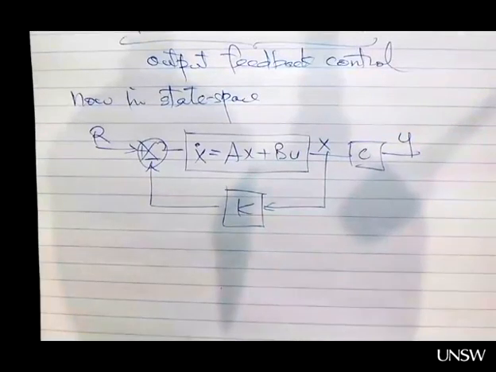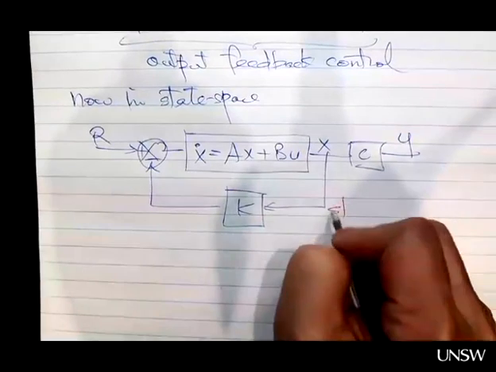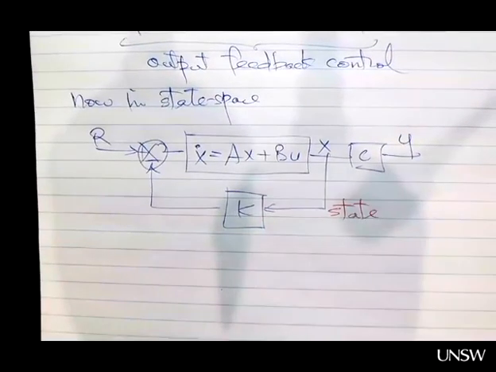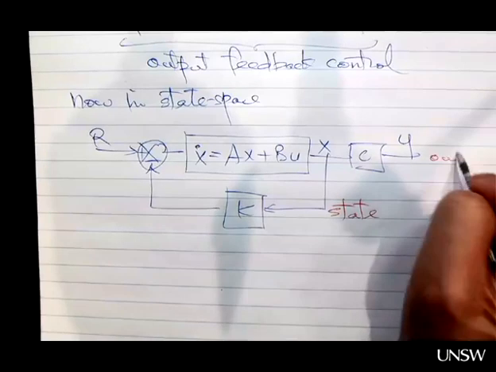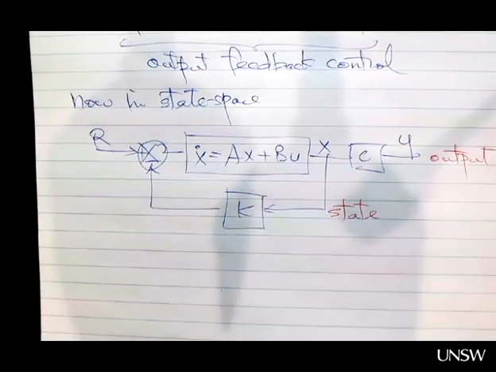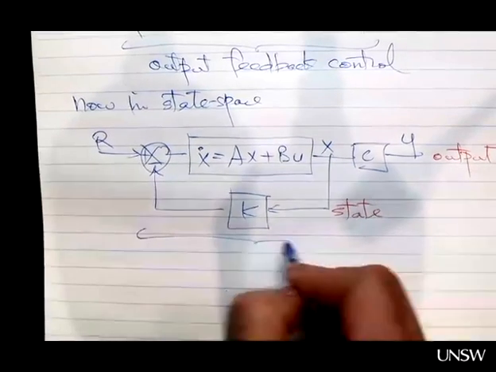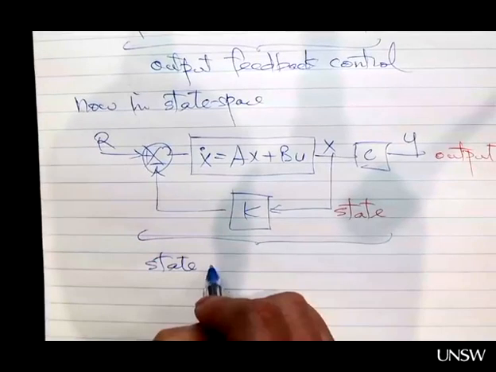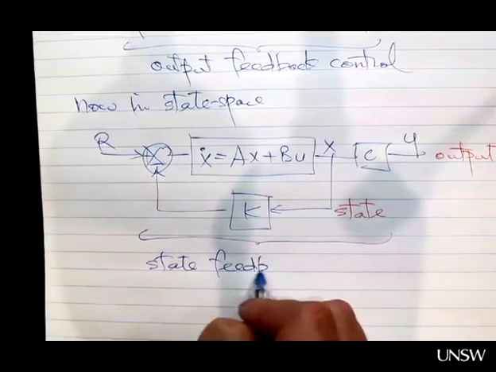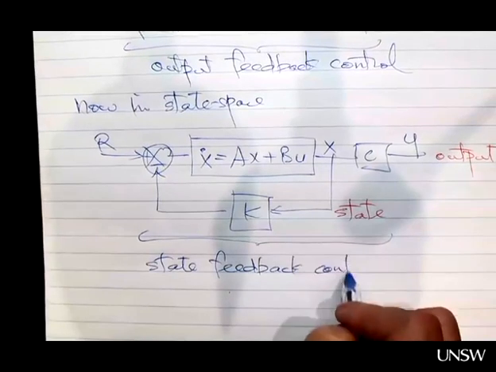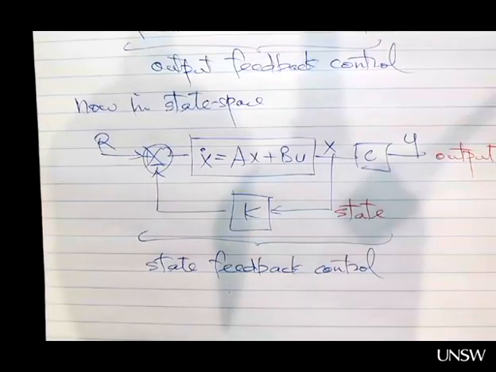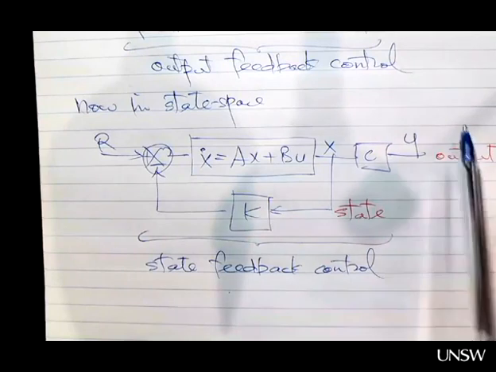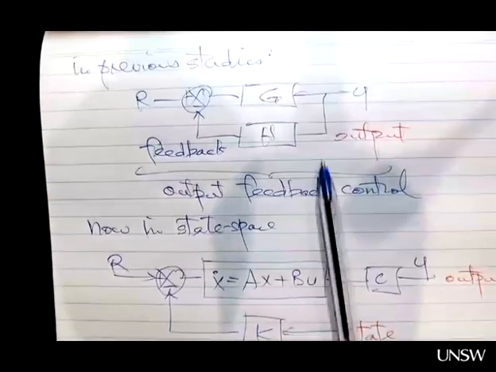In particular, we call this the state, where the output is over here. Then we call this the state feedback. Okay, it is different from the previous lectures, in which we always considered using the output as the feedback. Right.